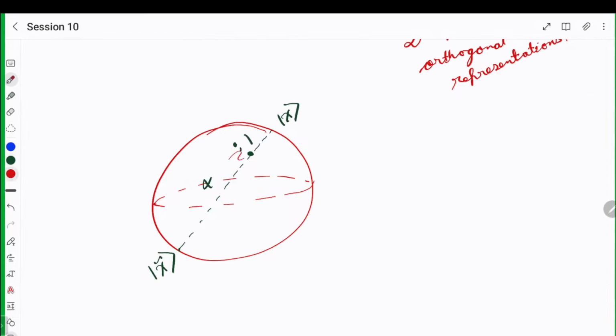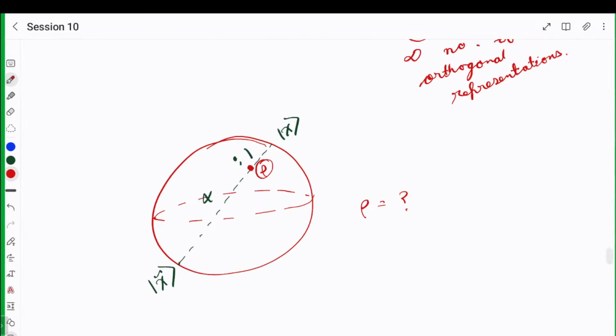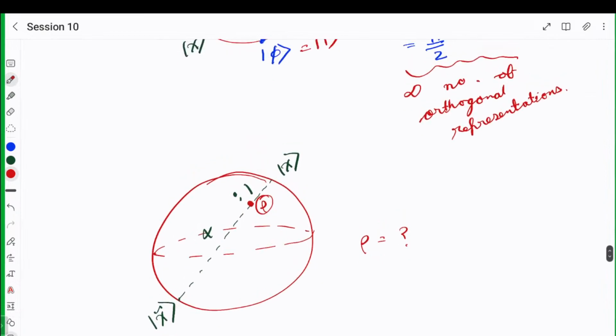So this is representing the matrix rho. Can you guess what this rho will be? And also, till here, if you have any questions, you can ask.